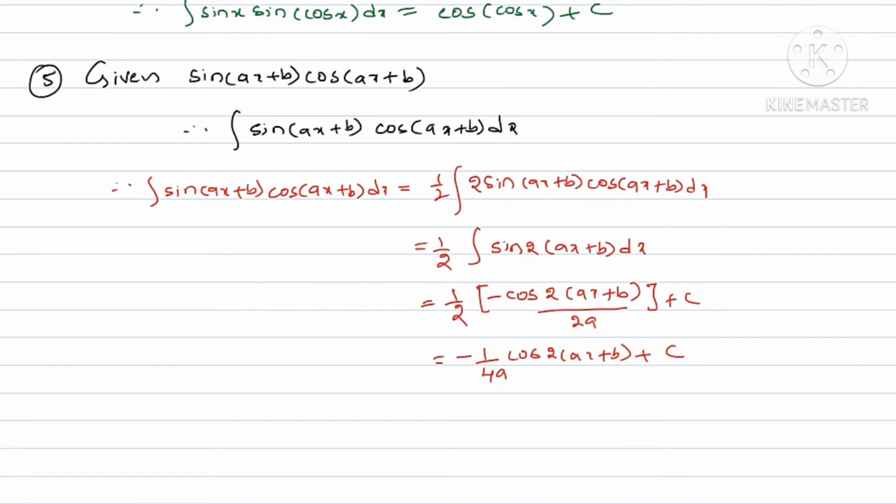So the integral of sin of (ax plus b) into cos of (ax plus b) dx is minus 1 by 4a into cos of 2 into (ax plus b) plus c. This is the solution of this one.